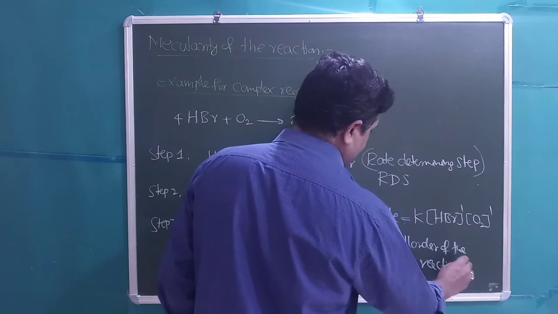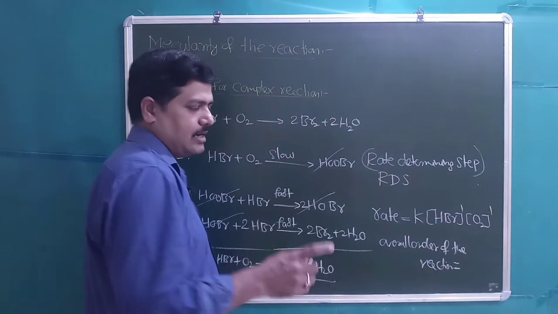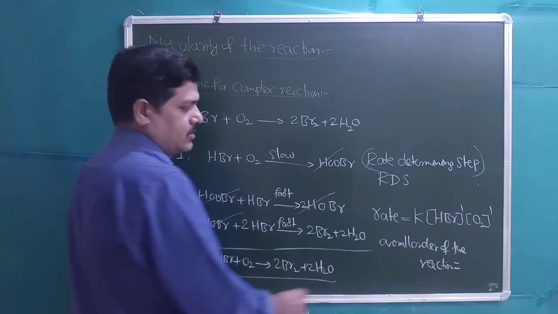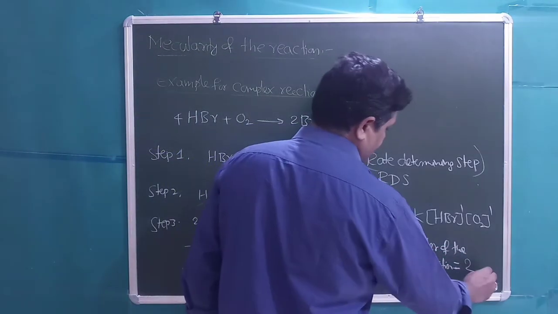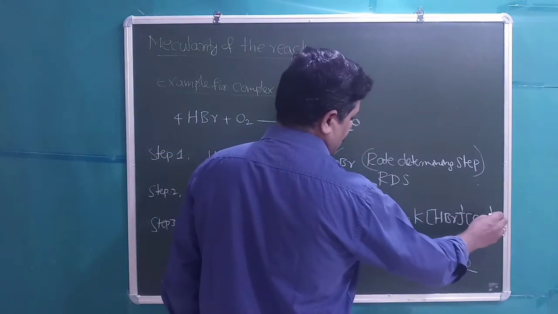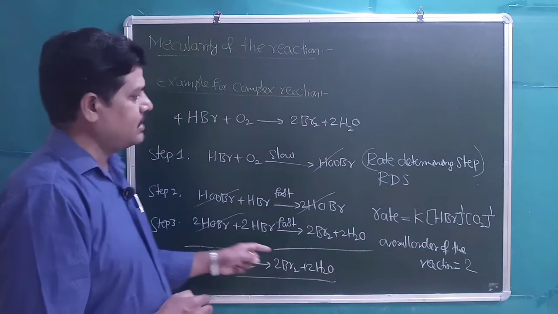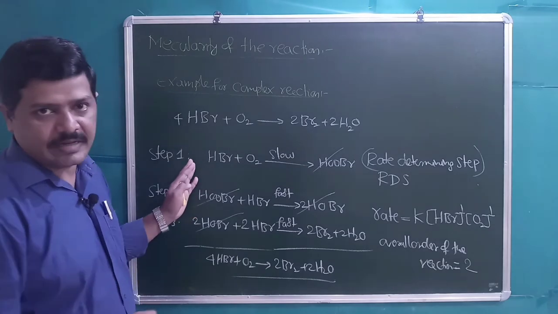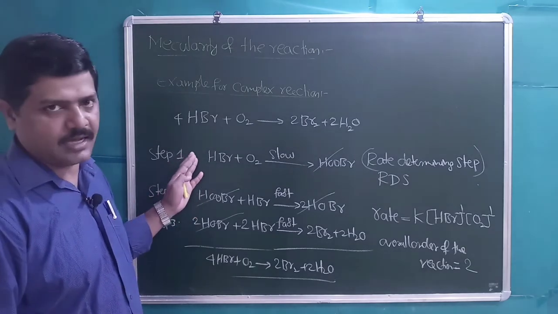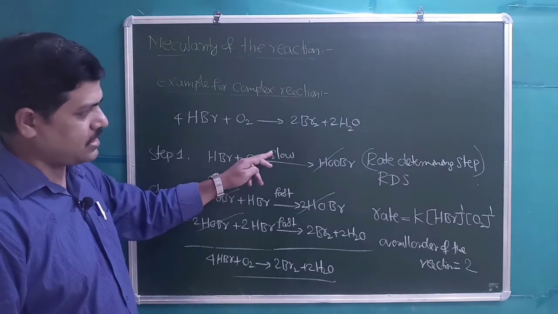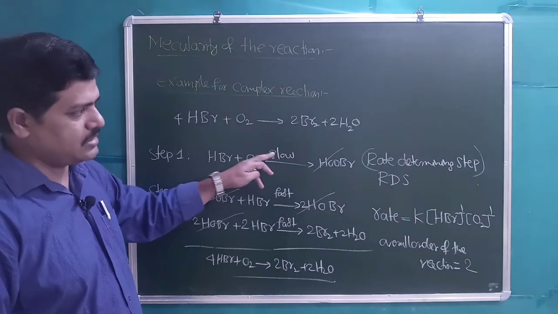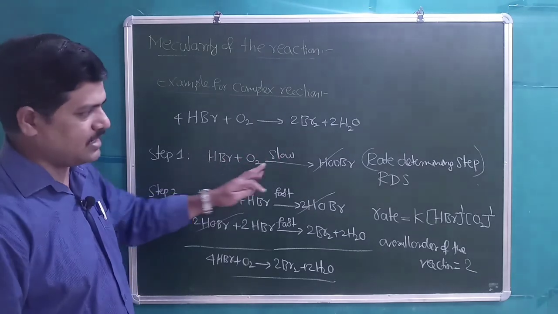Order with respect to HBr is 1. Order with respect to O2 is 1. Overall order of the reaction is the sum of the concentration powers in the rate law expression. So it is a second order reaction, and it is occurring in more than one step, so it is called a complex reaction. And the first step, which is the slowest step, we call a rate determining step, RDS.